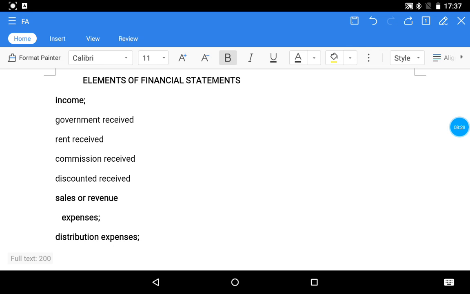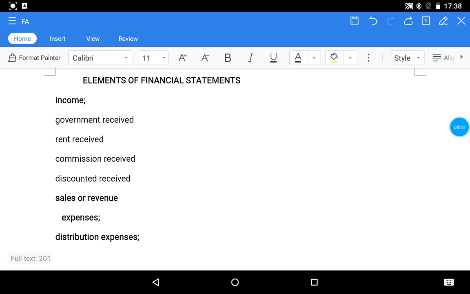For example, you are dealing in cars, and in that process you bring a mechanic to repair some things. You need a space to park your cars. You need to pay URA.